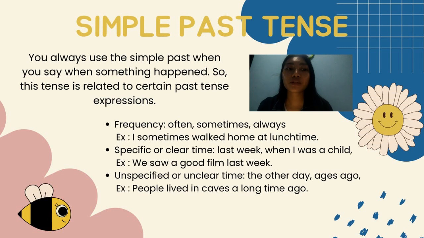Two, specific or clear time: last week, when I was a child. Example: we saw a good film last week. Three, unspecific or unclear time: the other day, ages ago. Example: people lived in caves a long time ago.